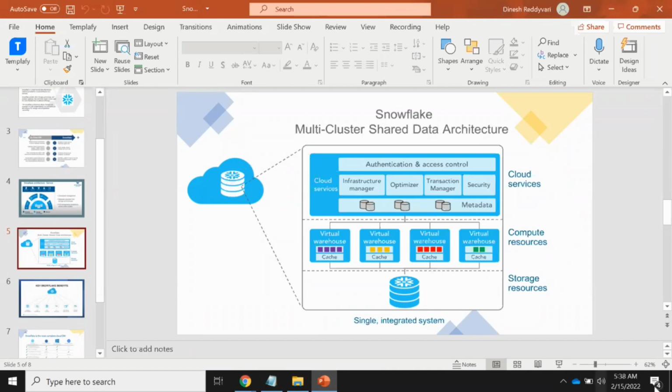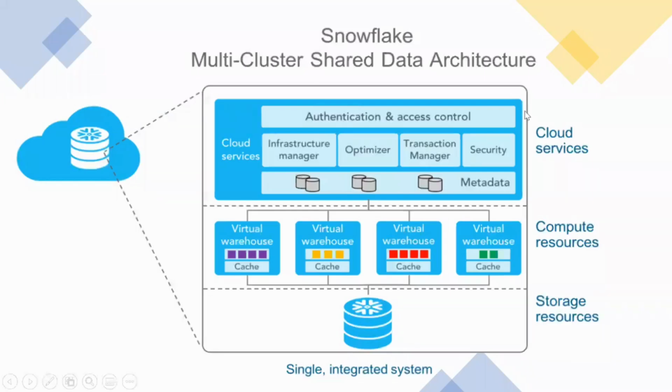To give you the high level, in Snowflake we basically have three layers. It is a decoupled multi-cluster shared data architecture. It means they operate storage separately, processing separately, and the cloud services layer separately.